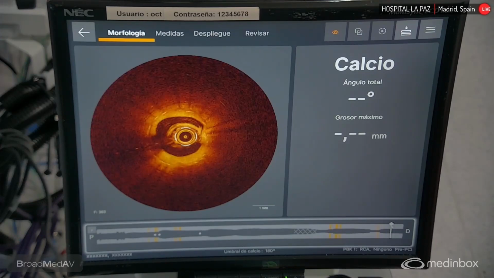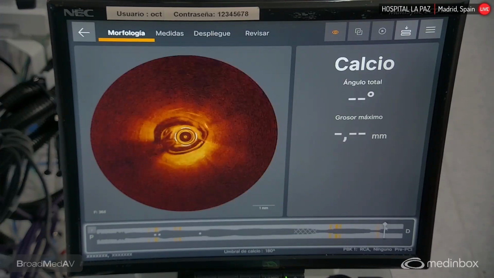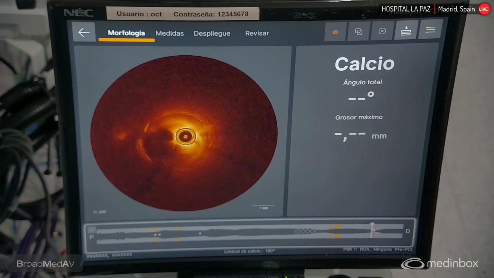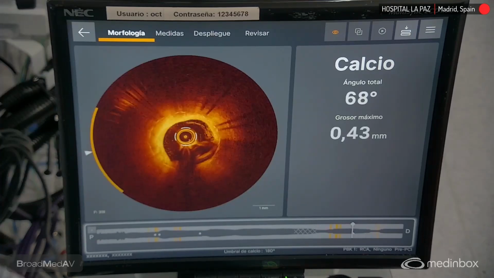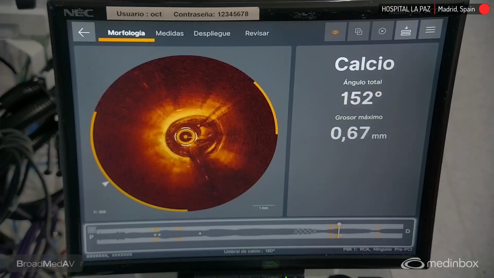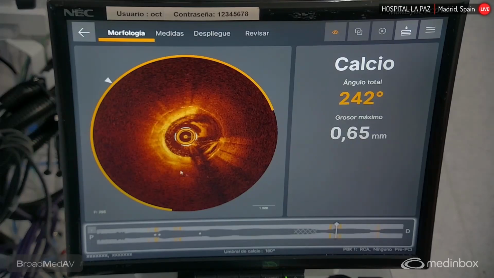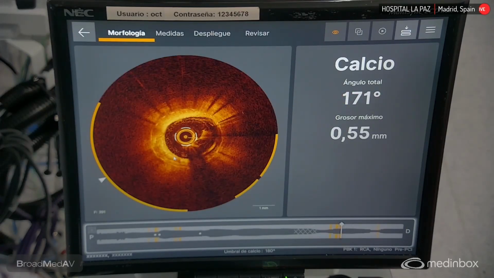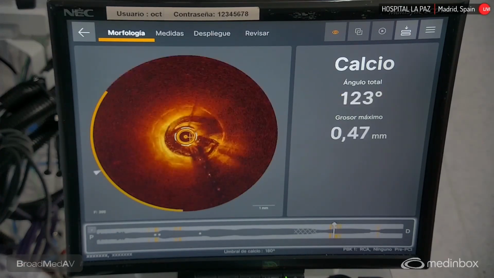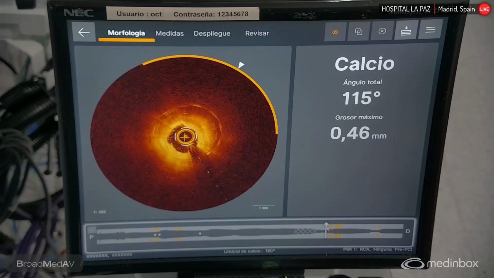This is the distal part of the stent that is located in the posterior descending artery. You can see in some points there is calcification of the neointimal tissue. You can see here, for example.